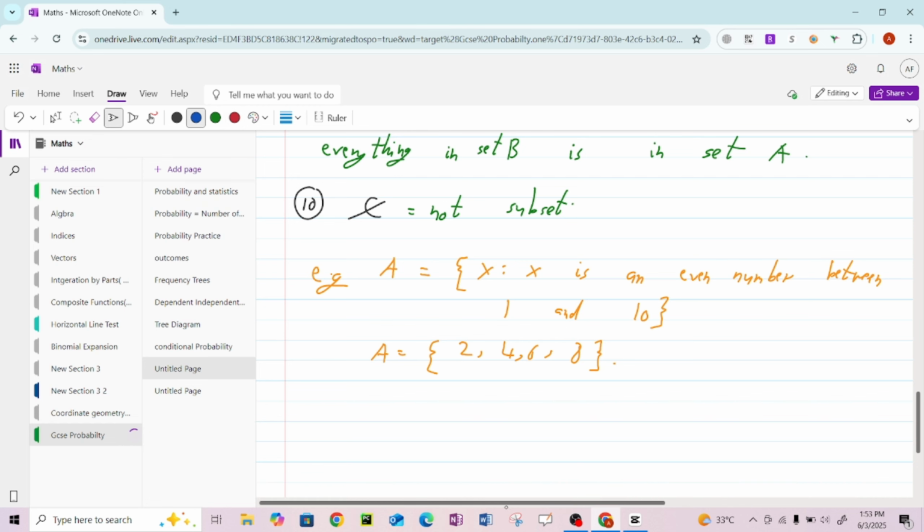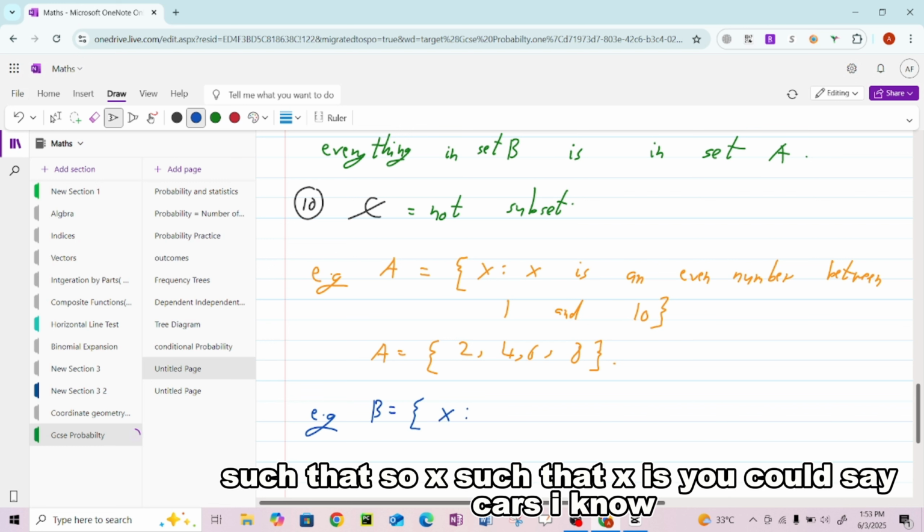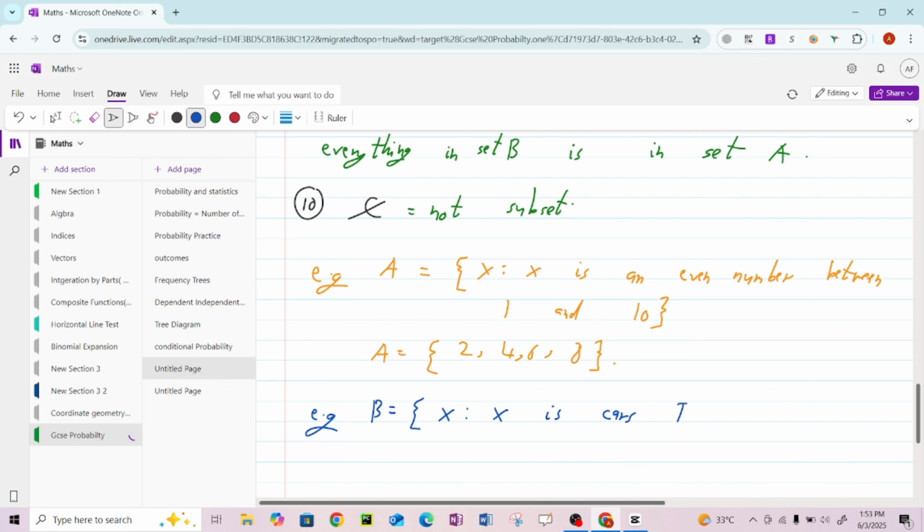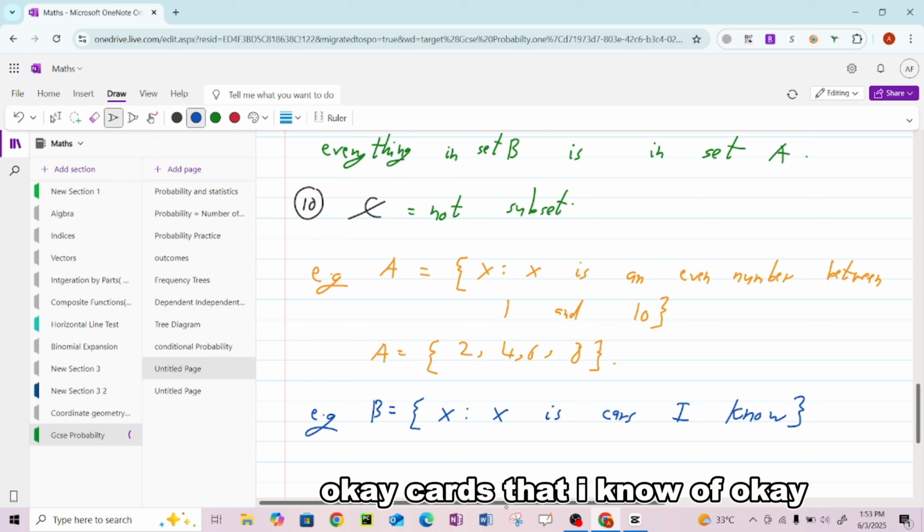Okay, another example, let's take one more. Let's say I have set B such that X is cars I know, cars that I know of.